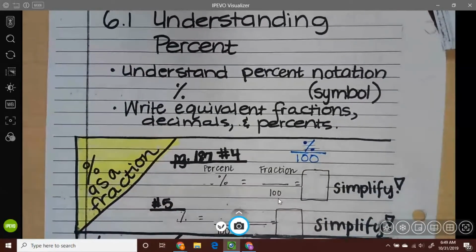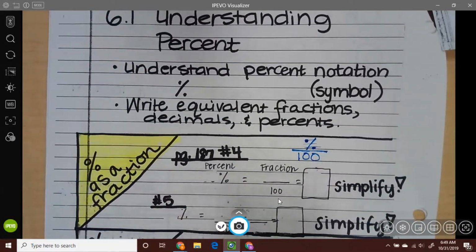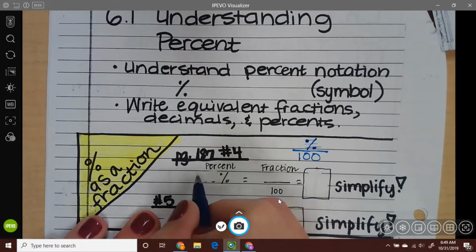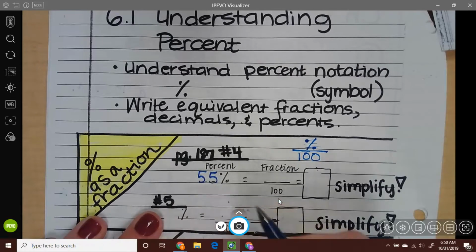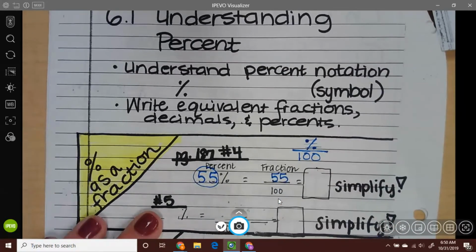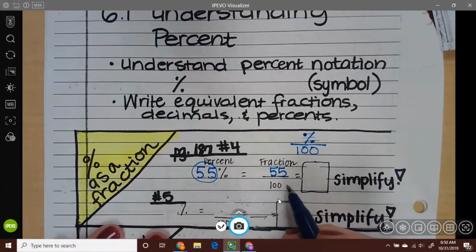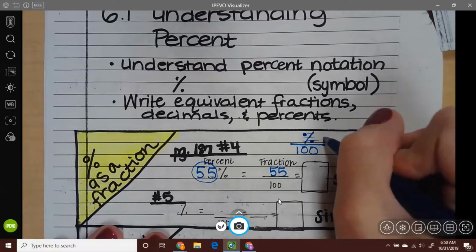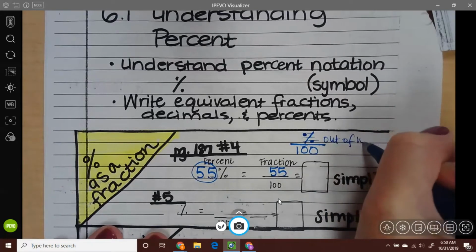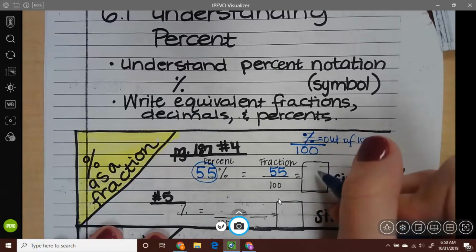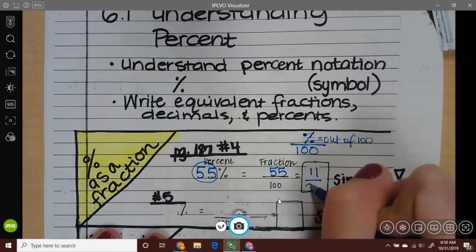So if I have page 187, number 4, it says we have 55%. So I just take the 55, the number, and put it over 100, because percent means out of 100. And then I simplify. I could divide both of these by 5 and get 11/20. So you guys practice on number 5.